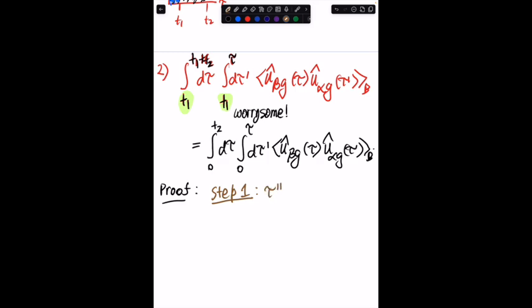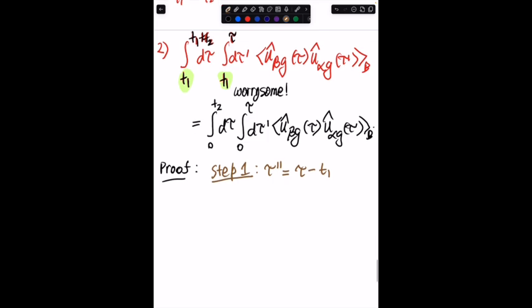I will set tau double prime as tau minus t1, and the reason behind doing this is to quench this lower limit. That can be satisfied very easily, because when tau is t1, tau double prime will be 0, and when tau is t1 plus t2, tau double prime would just be t2.